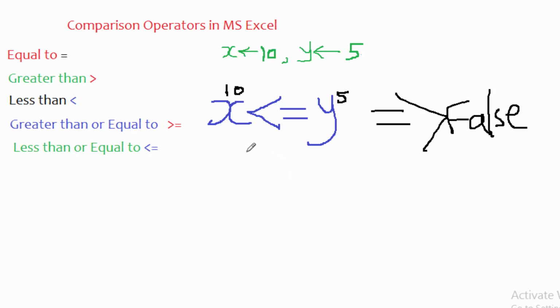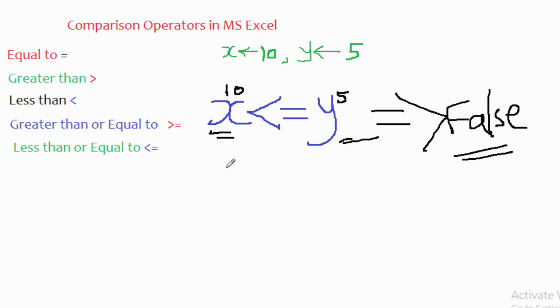So in this case, the less or equal to results into false, because what is in x is more than what is in y, and the expression says check if x is less or equal to y.